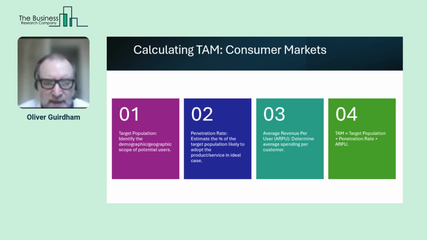Then you simply calculate the average revenue per user, per customer, and multiply the two together. Now that average revenue per customer number, you could just leave it simply at the current number.